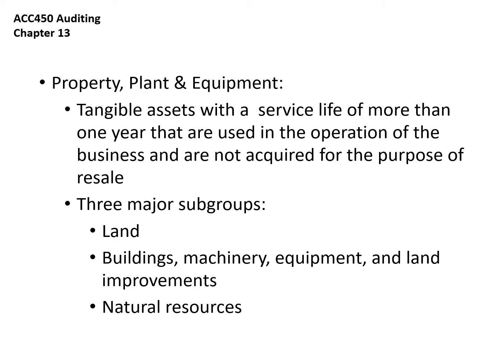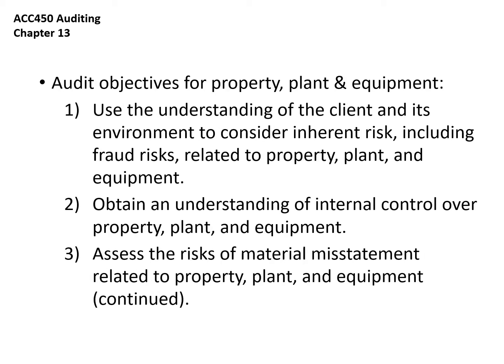Then the third category are natural resources, which of course don't exist in a lot of companies, but for those companies that do, we'll cover that topic when we talk about depletion. Another word for natural resources is wasting resources, things that get used up over time as we harvest them. So the audit objectives for property, plant, and equipment, one is to get an understanding of the client.